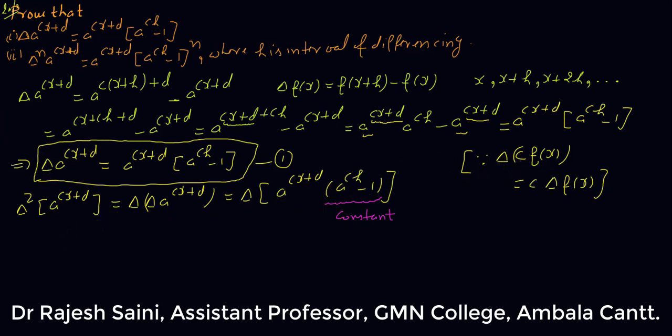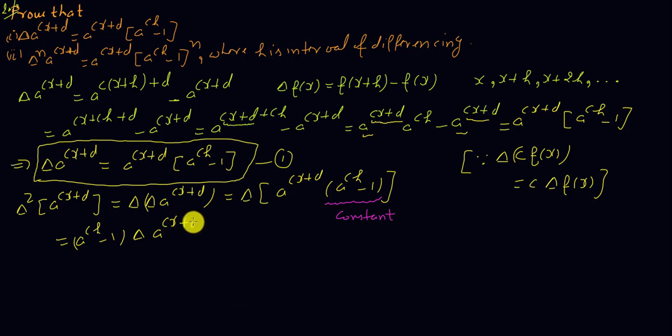It is free from the forward difference operator, so we have (a raised to the power ch minus 1) times delta a raised to the power cx plus d.